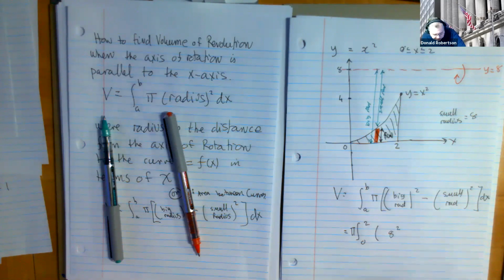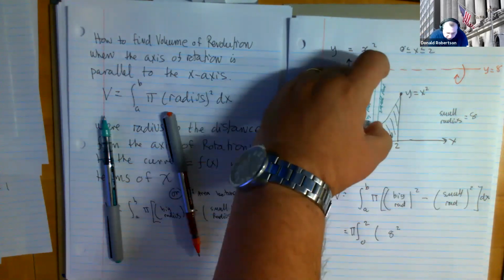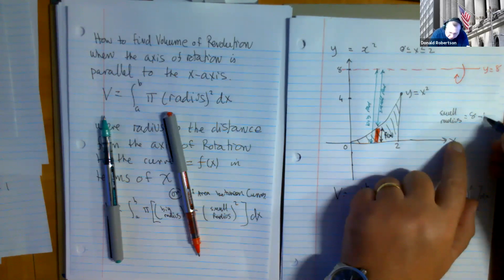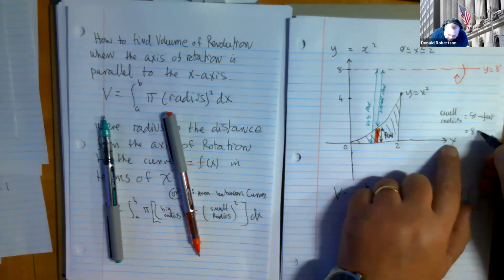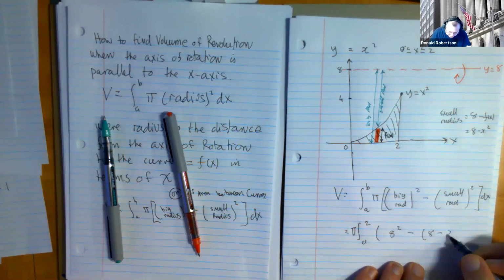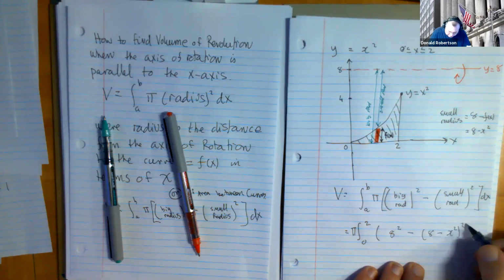So what's the small radius going to be? Well, it's going to be 8 take away f of x. That means it's going to be 8 take away x squared. So we now have 8 take away x squared, squared, dx.